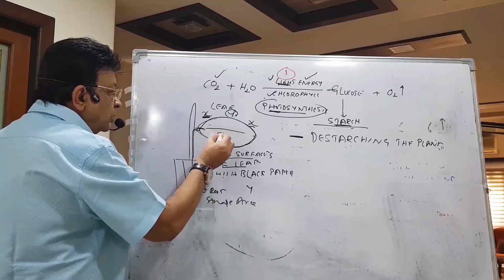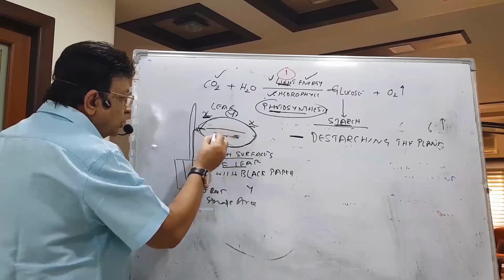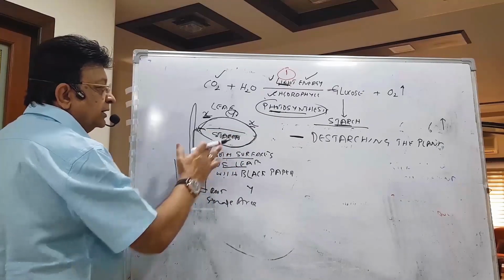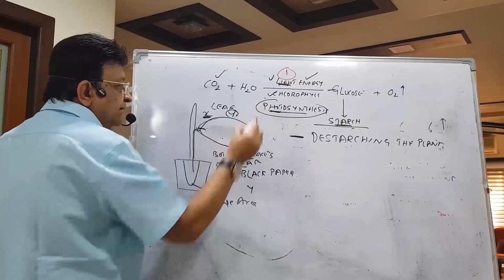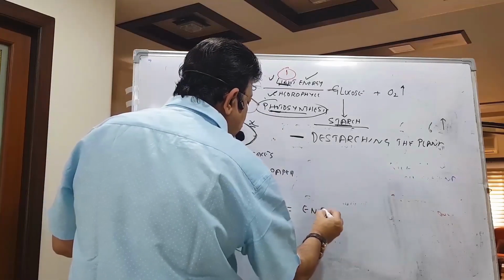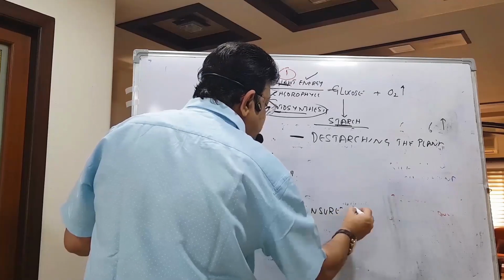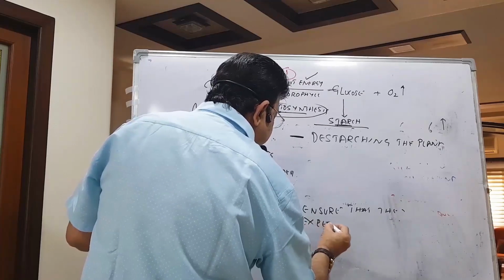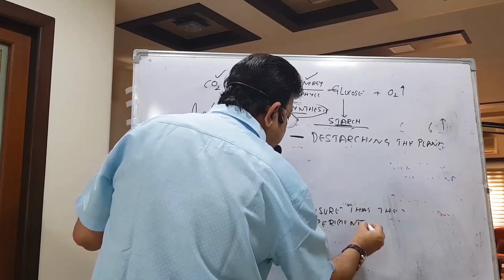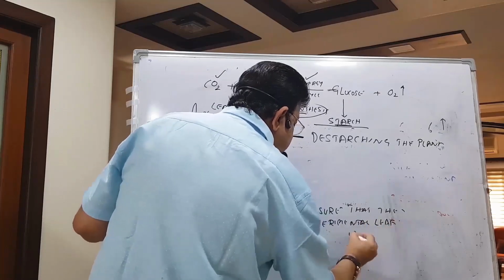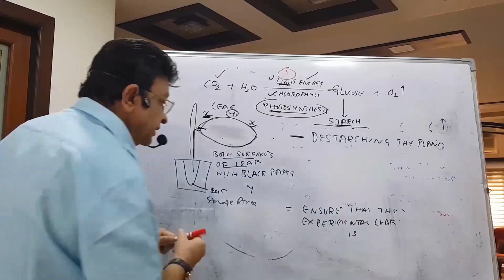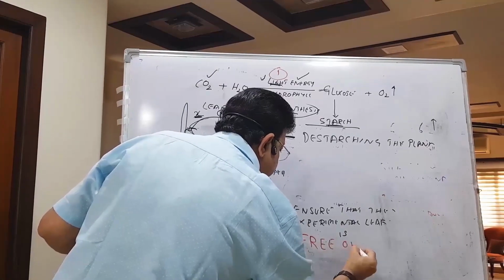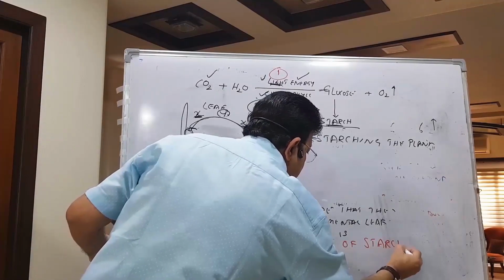So I have to remove all the starch present in the leaf to the storage areas, so that before I begin the experiment, I have to ensure, remember, that the experimental leaf is, and I'm writing it in a different color so that it remains with you, free of starch.